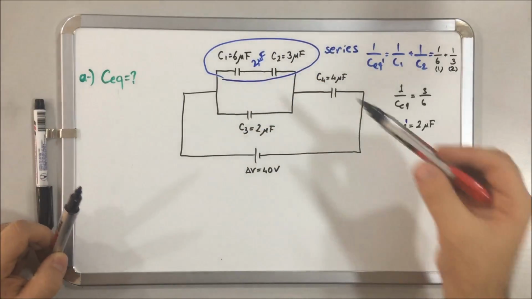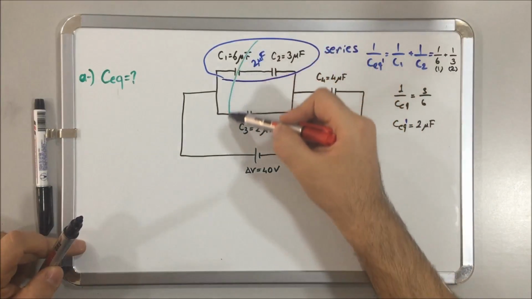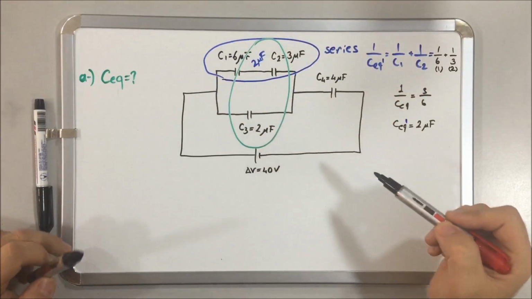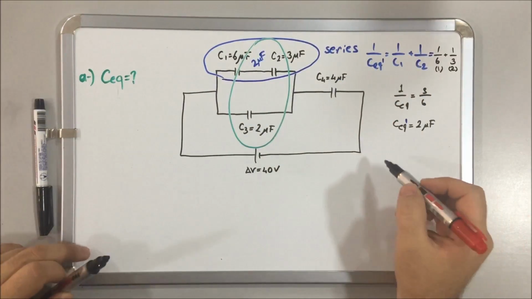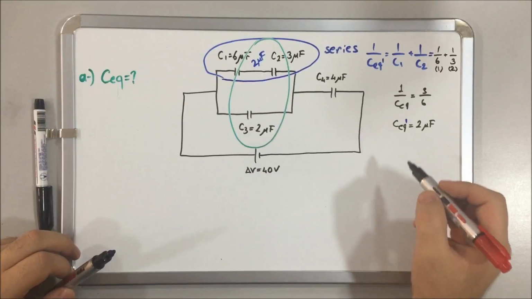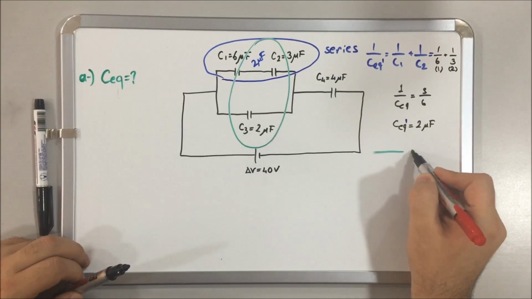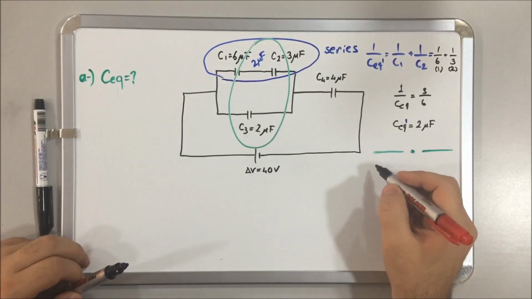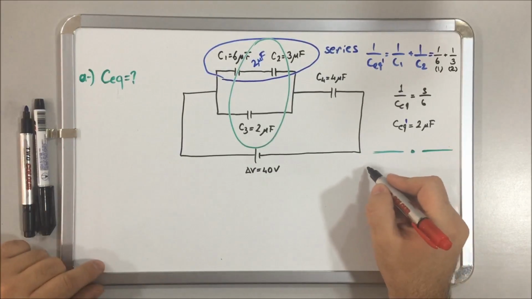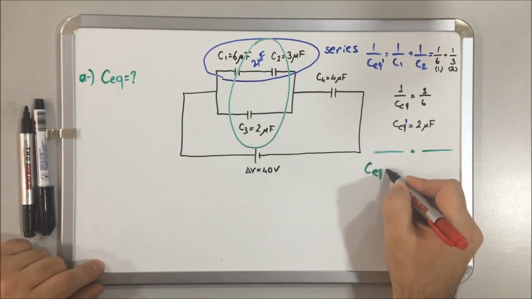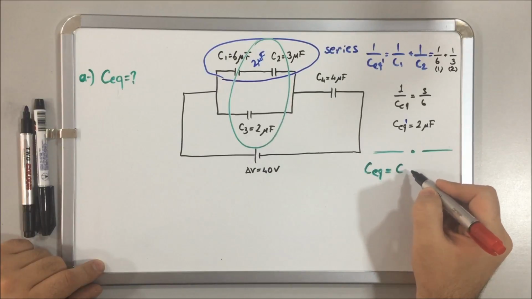And as you see, these two are parallel to each other. So for the parallel combination, the C equivalence equals to C1 plus C2.